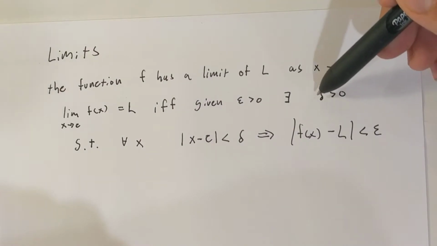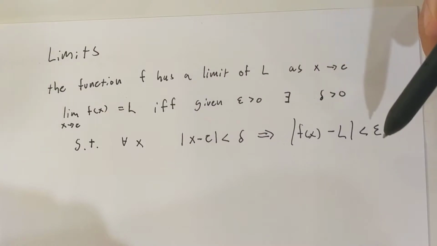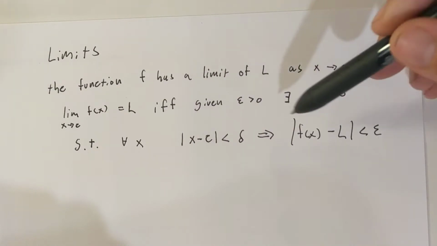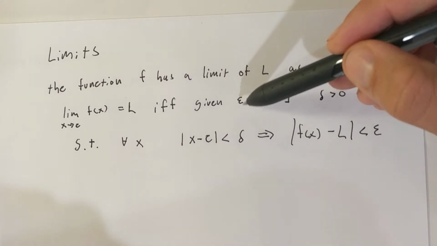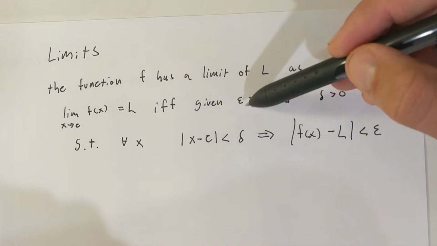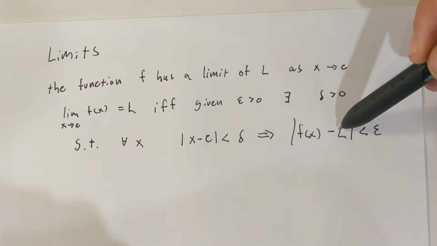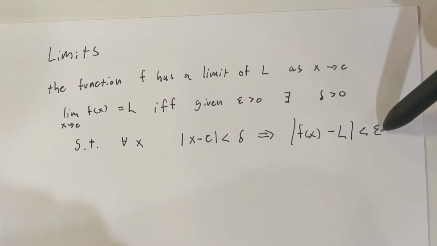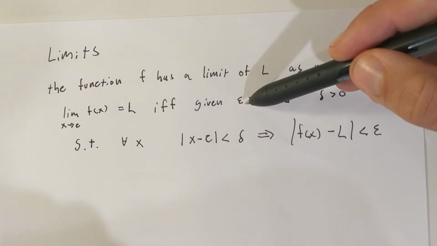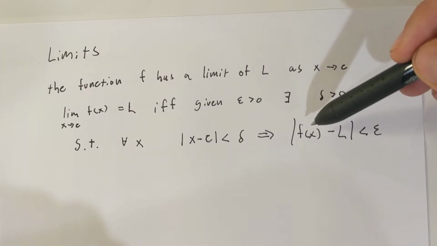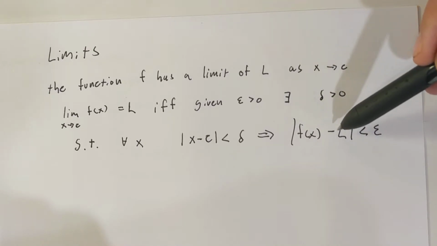Let's just go with 1. The game would be you give me an epsilon, which means I need to get the function and the limit to be closer than epsilon. So if you give me 1, I want the distance between the function and the limit to be less than 1.